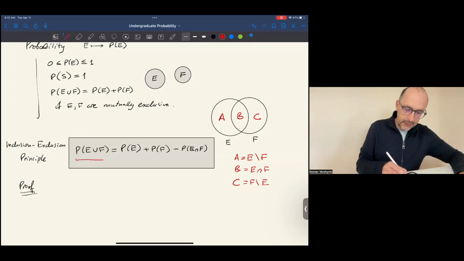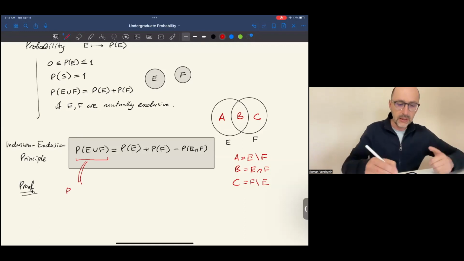And the left-hand side, E union F, is the union of A, B, and C.